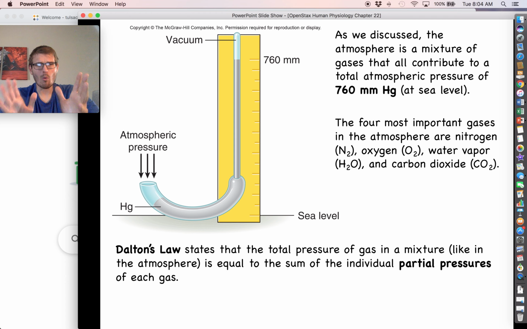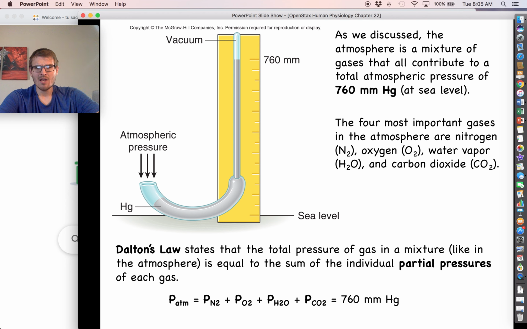So the way to think about this is that if you've got all this air around you, which is mostly nitrogen and oxygen, if that mixture of gases has a total pressure of 760, then each individual gas is going to have some pressure that adds to that total of 760. And the pressure of that individual gas is going to be relative to how much of that gas there is.